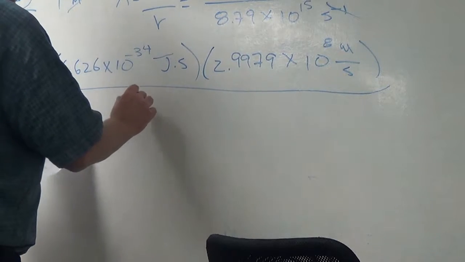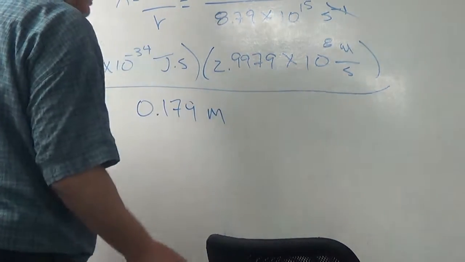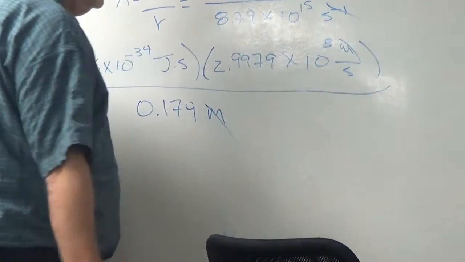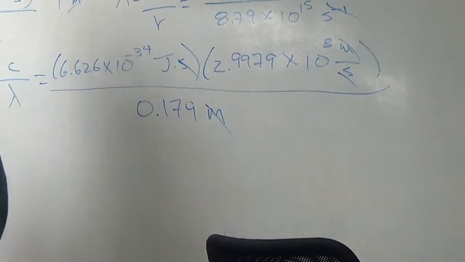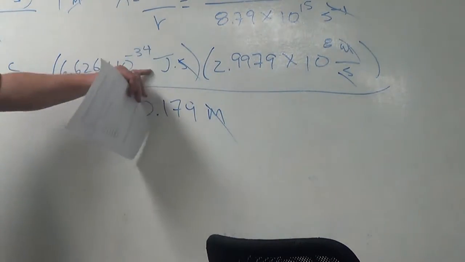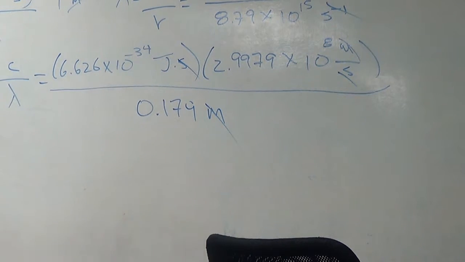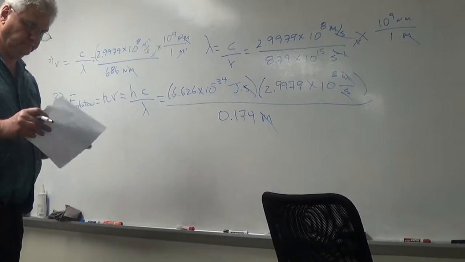The wavelength's 0.179 meters, and so the meters cancel, the seconds cancel, and the energy of the photon is going to be in joules. Okay? It's the only thing left. Does everybody see how we set that one up? And that one wasn't too bad because we didn't have to convert anything to anything.